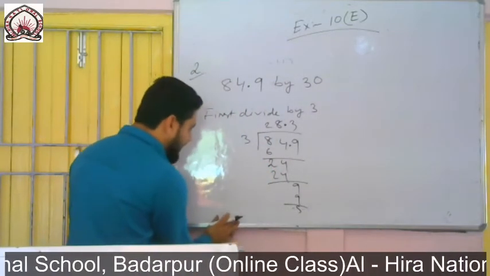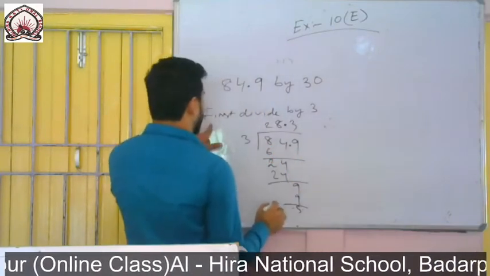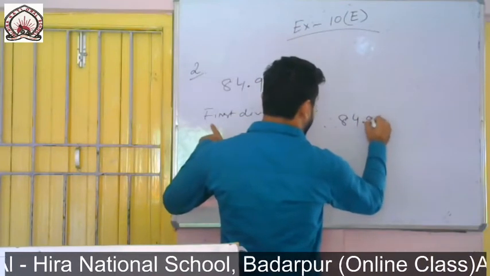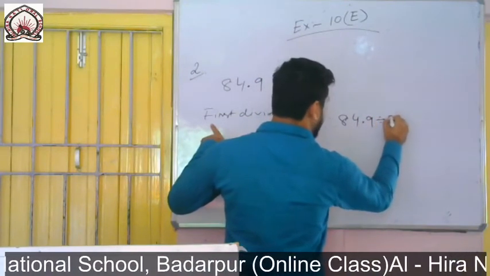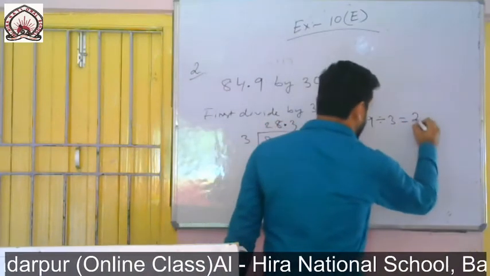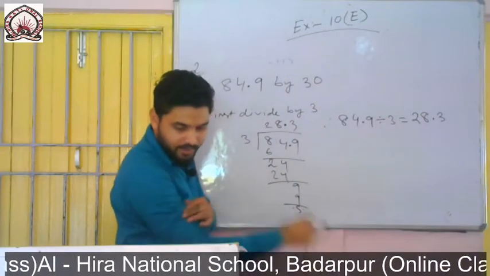Now you write, after that you write like this, therefore 84.9 divided by 3 equals to what? 28.3. Okay, 28.3.